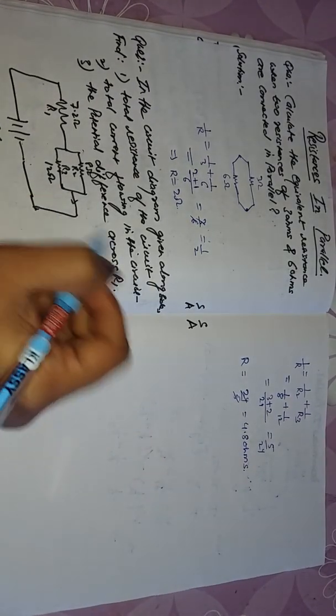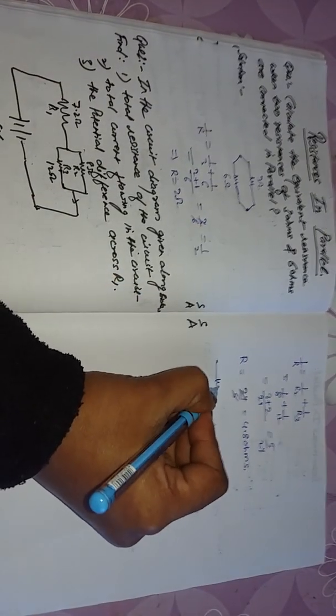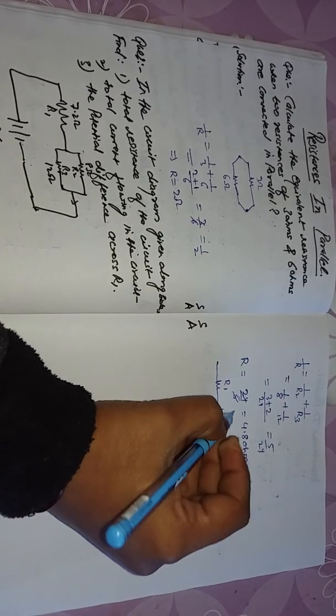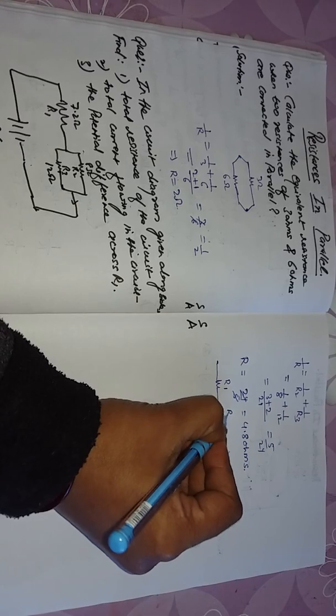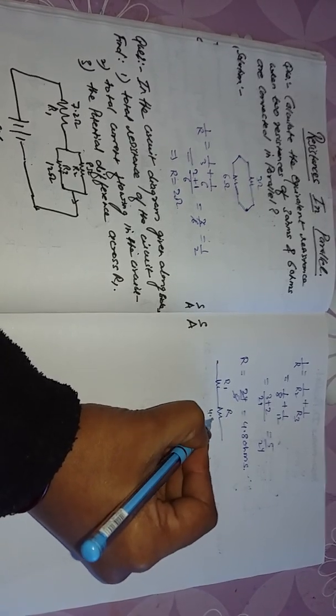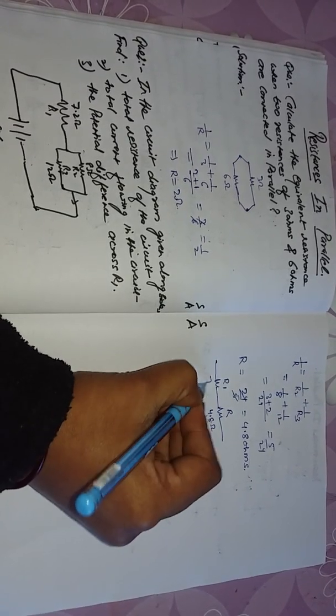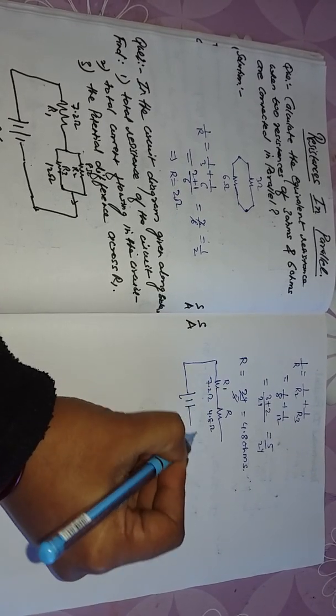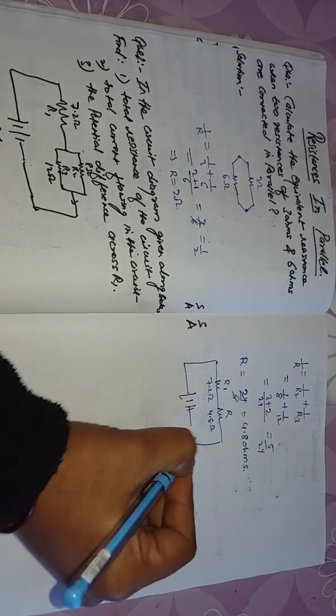Now the circuit can be redrawn as, this is R1 and this is now R. The resistance is 4.8 ohm and it is of 7.2 ohm, which is connected by a battery of 6 volt.